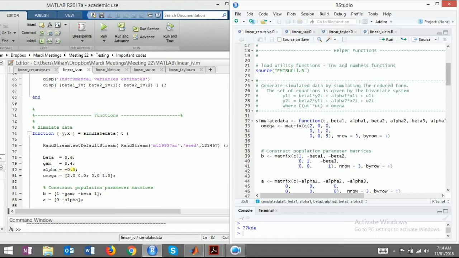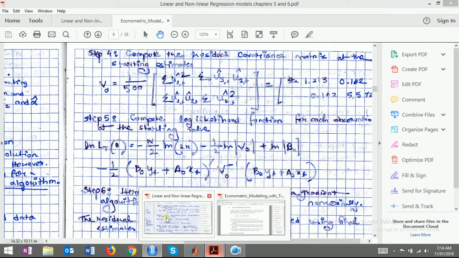Beta 0.6, gamma 0.4, alpha minus 0.5, omega 2, 0, 0, 1. Generate simulated data by simulating the reduced form. This is coming from here.